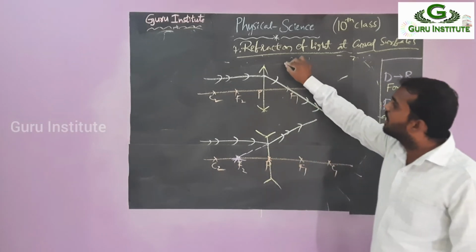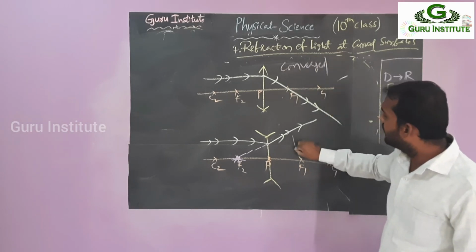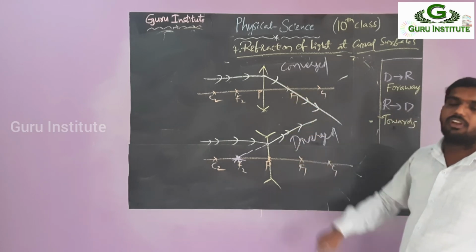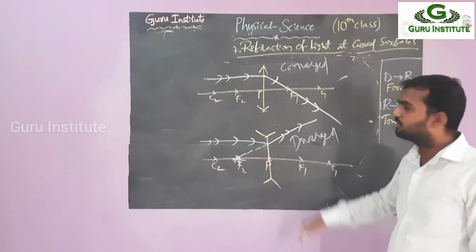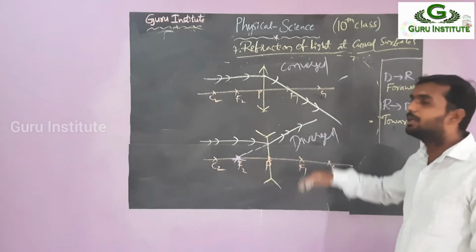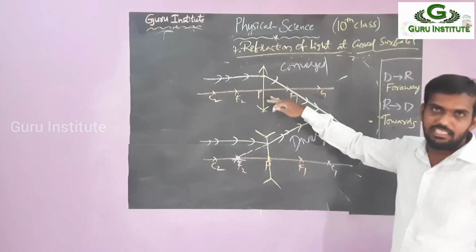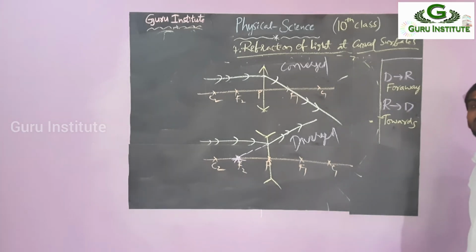So that's why this is called a converging lens, and this is called a divergent lens. After refraction, these are meeting directly at the principal axis. That means the image is formed here after the refracted rays meet directly. So that's why it is a convergent lens. Here the image is formed after meeting indirectly.